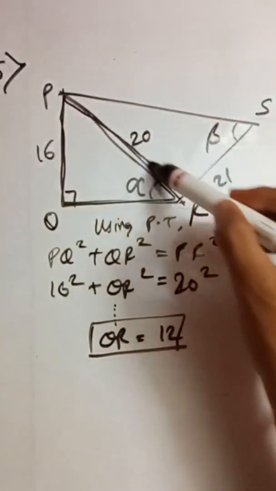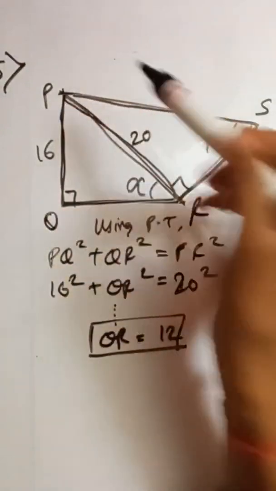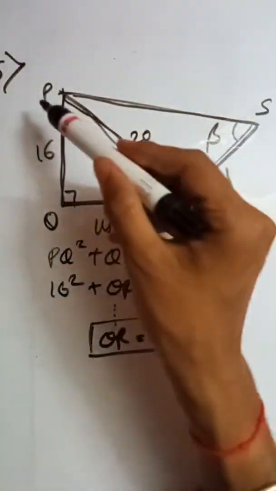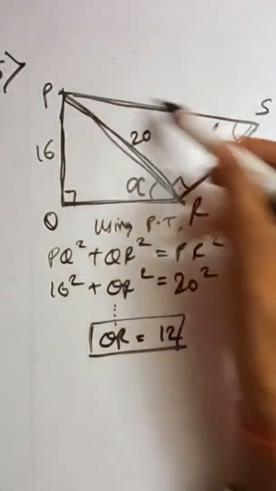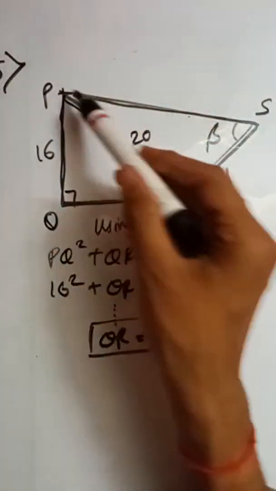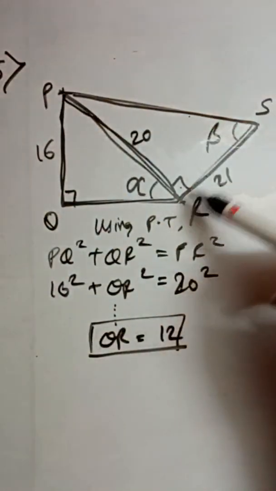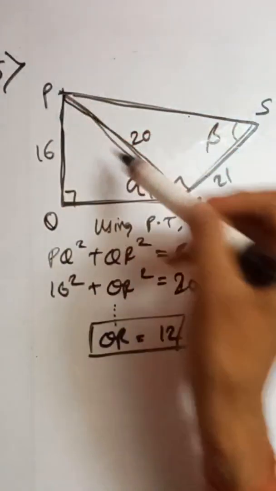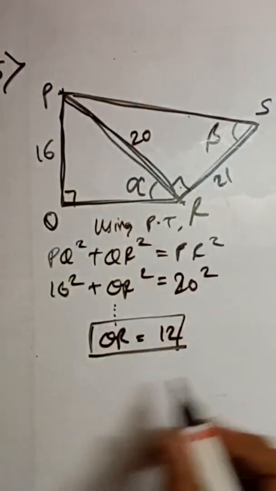Then see this triangle. In this triangle, the side opposite to 90 is the hypotenuse. We have to find the hypotenuse. We know PR, we know RS. This is a right angle triangle, so I'll apply Pythagoras here also.